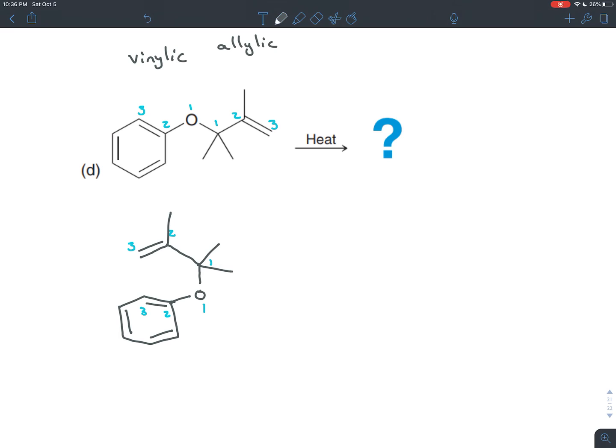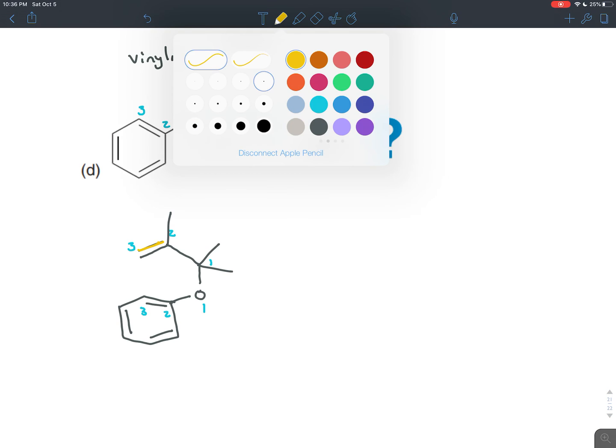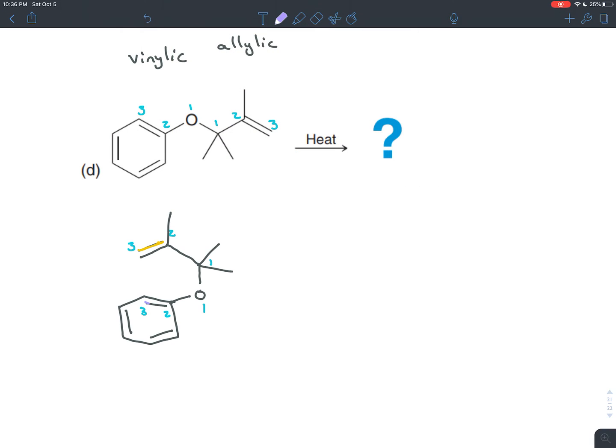So we're going to form a new bond between the 3s, and we're going to break the sigma bond between the carbon 1s. So let me draw in those electrons that are going to move around in different colors so we can track how they move.